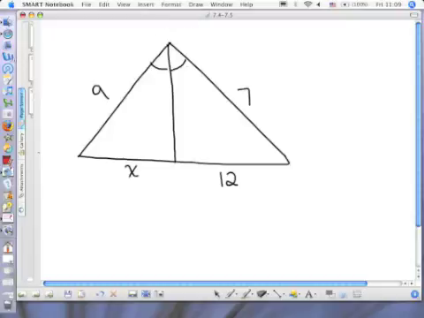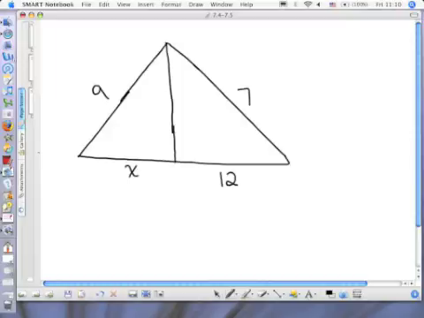If I'm looking to find the value of x, the key is, put it this way, if all I had was this picture, and I am not told that anything's being bisected, can I apply the proportions to find x?